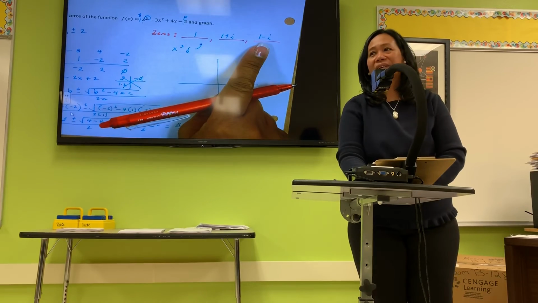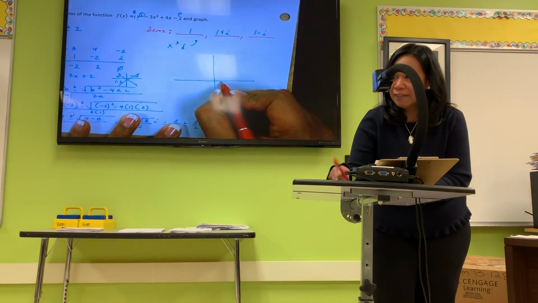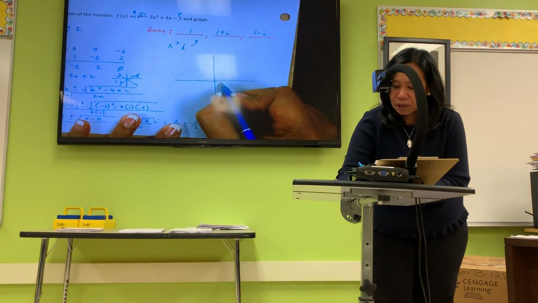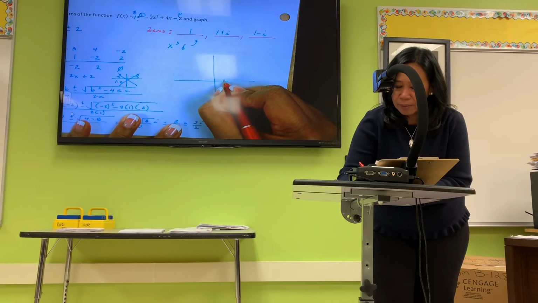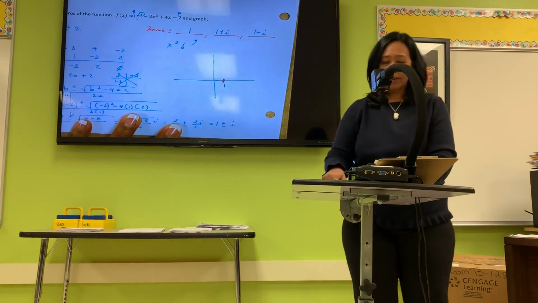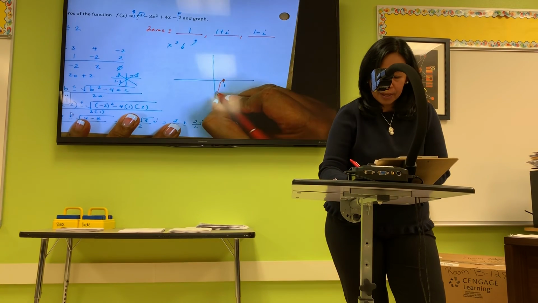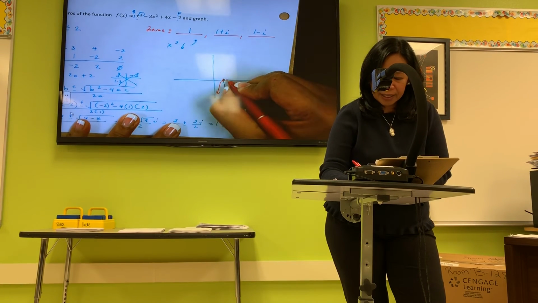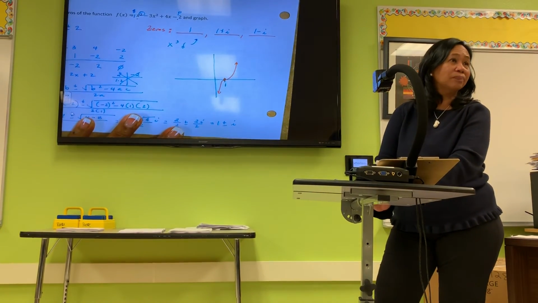We can't graph imaginary zeros. So the only thing that we have is positive 1. On your x-axis, just put a dot on x equals 1. And that's it. We're going to let it fall down on the left and rise up on the right, just like a normal cubic function.